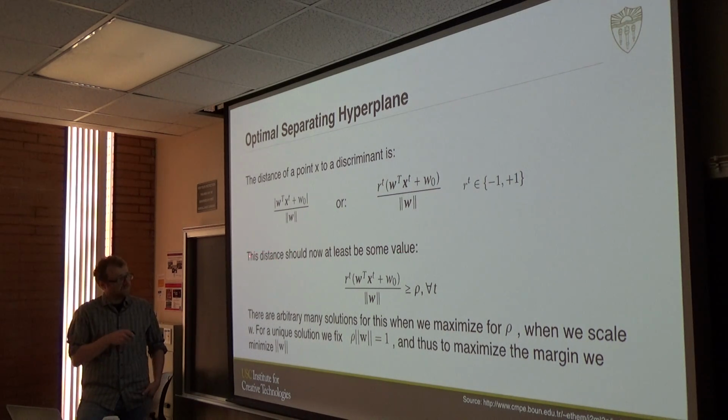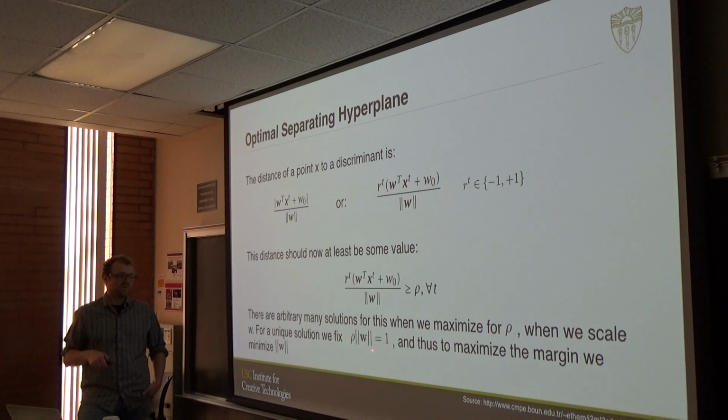This distance should be at least a certain value, rho here, for example, and again there are arbitrarily many solutions when we maximize for rho. We can have this super large or super small, and we can wiggle that around. But when we scale this to W, for a unique solution, we fix rho times the size of this vector equal to 1.